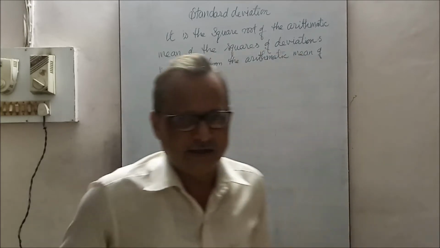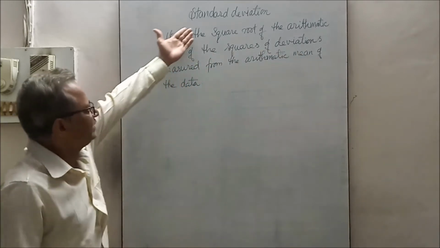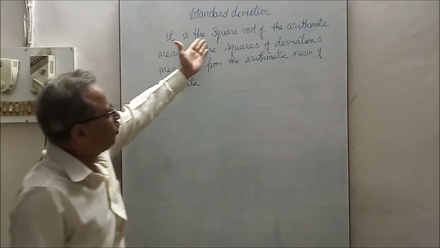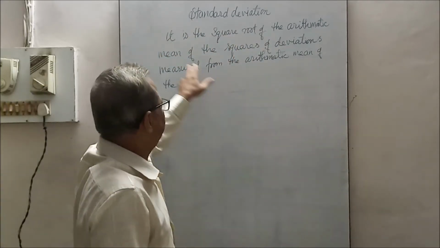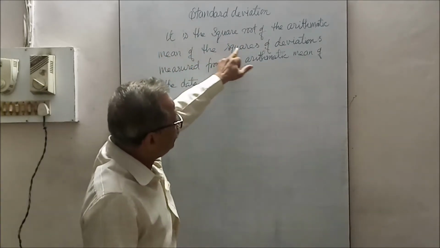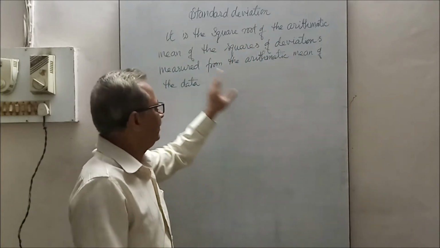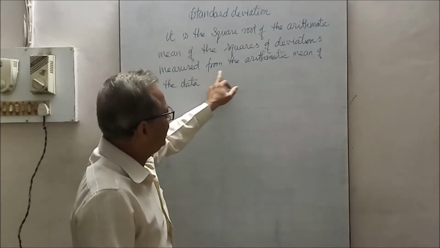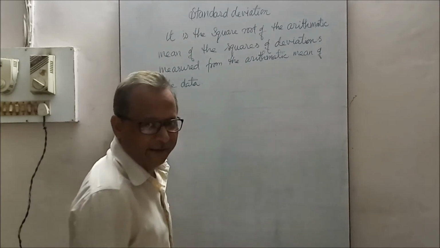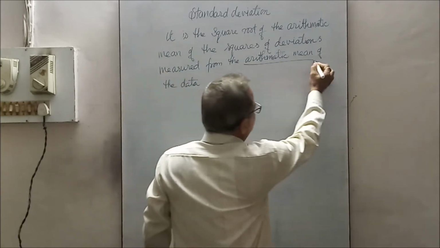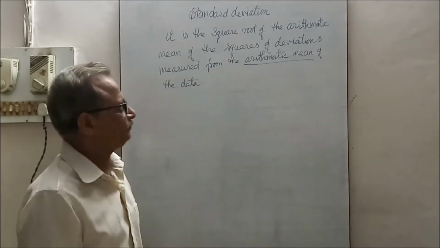Now see what is defined. Standard deviation is the square root of the arithmetic mean of the squares of deviations measured from the arithmetic mean. First we have to calculate the arithmetic mean of the data.